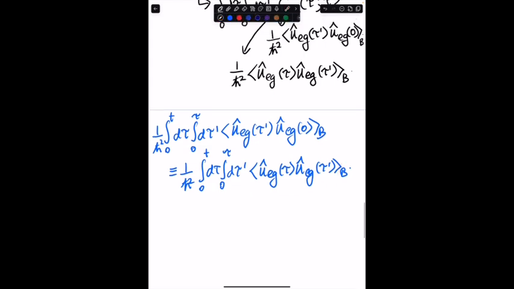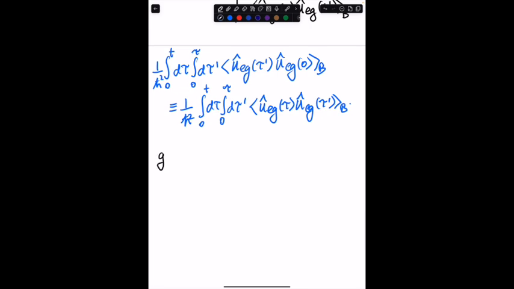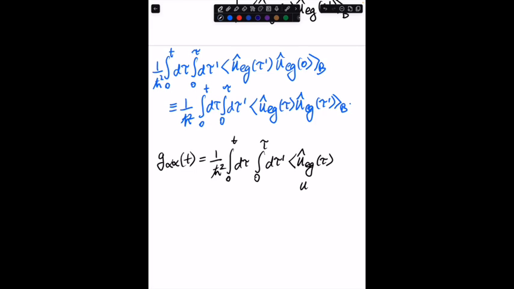And we had written this a little bit more generally, so let's go back to that general notation. Because g_ee is very specific, we wrote it as g_αα(t). And then this g_αα(t) again was 1 upon ħ², 0 to t dτ, 0 to τ dτ' of the 2-point energy gap correlation function, U_αg(τ) U_αg(τ'), and this is a bath ensemble average.